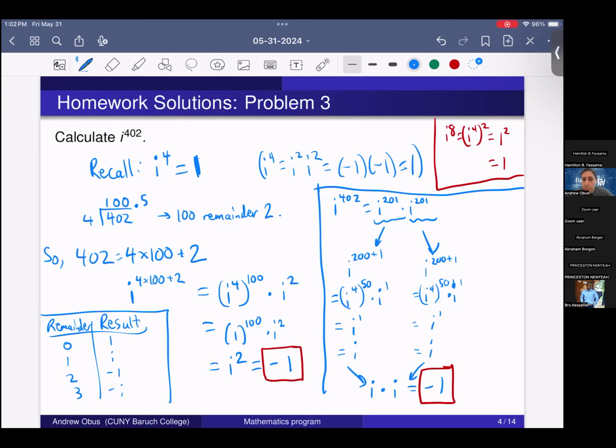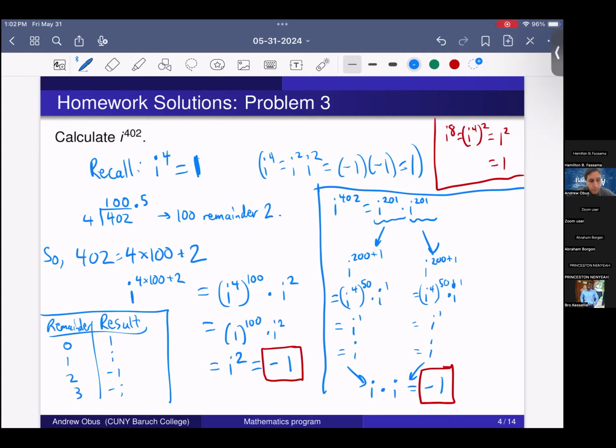Yes, a question? No, for me, not a question. I want to clear something. Abraham, yeah. When you look at the i pattern, it will tell you that i raised to the 0 power is equal to 1. Yep. i raised to the 1 power is equal to i. i raised to the 2 power is equal to -1. And i raised to the 3 power is equal to -i. Correct.